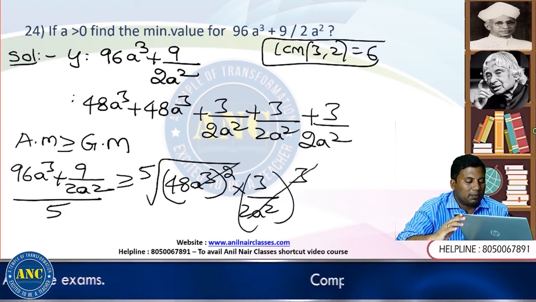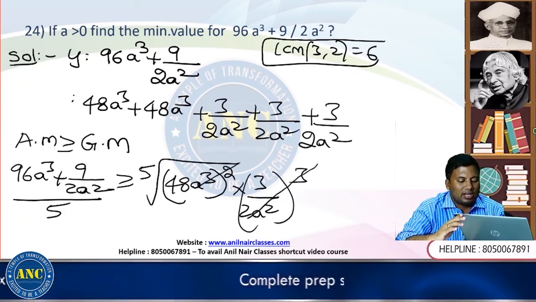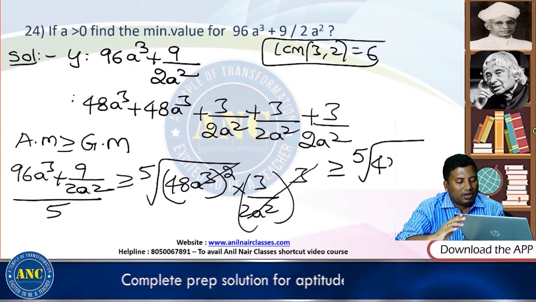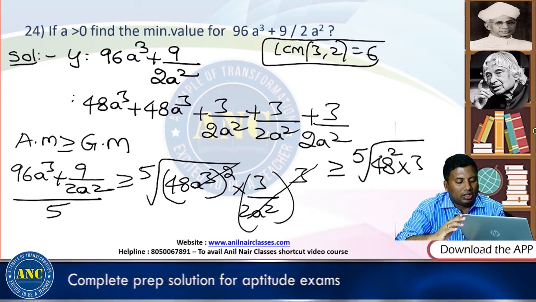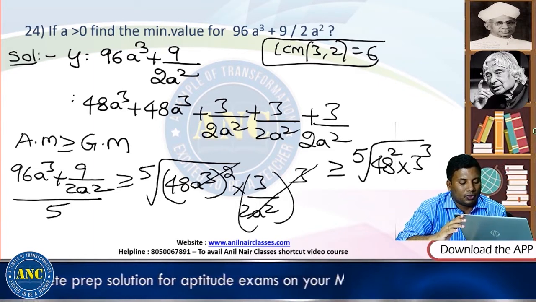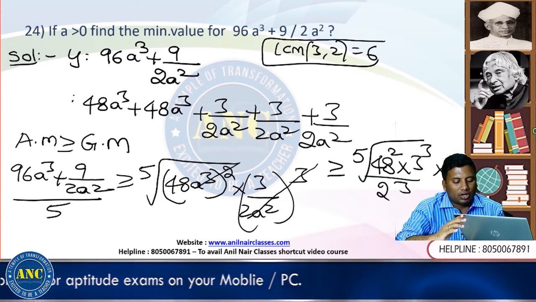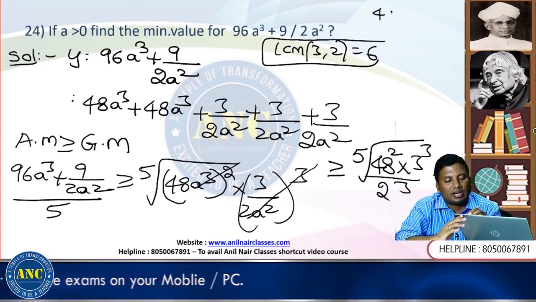A power 6, a power 6 cancel. So the answer is greater than or equivalent to the fifth root of 48 square into 3 cube by 2 cube into 5. You try to solve this one, you will get the answer.